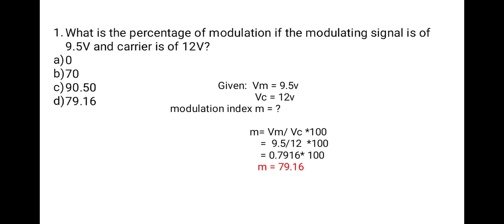After multiplying by 100, this is the formula of percentage of modulation. By putting the values of Vm and Vc, we get 9.5 divided by 12 into 100. Then the result is 79.16. So the correct option is D.